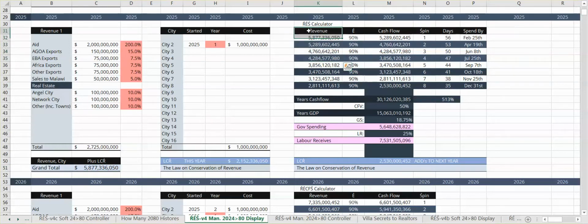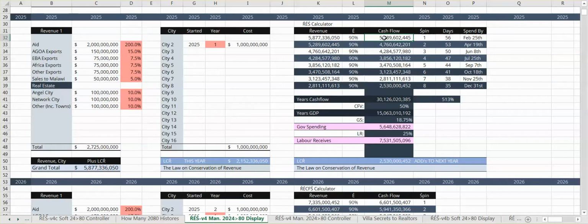This section here I call the RES calculator. This revenue is then multiplied by the E for efficiency of 90%, which is in effect the percentage of this revenue spent to other companies in the same network. That's very important.